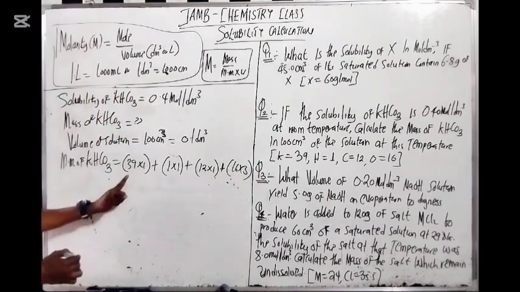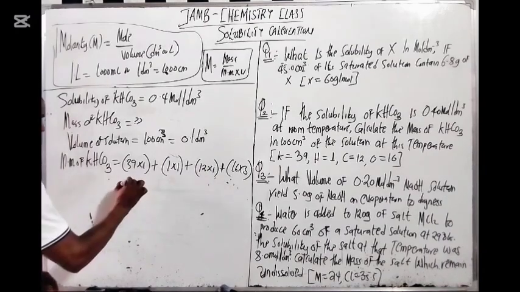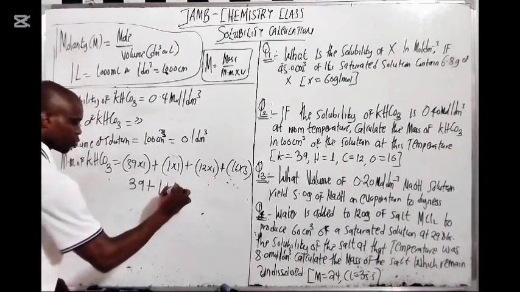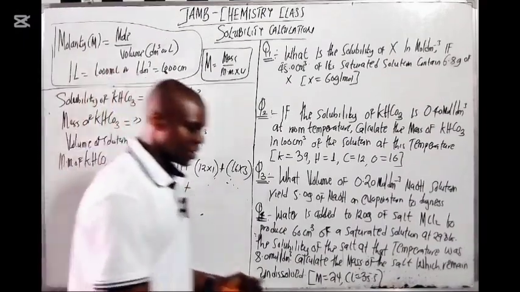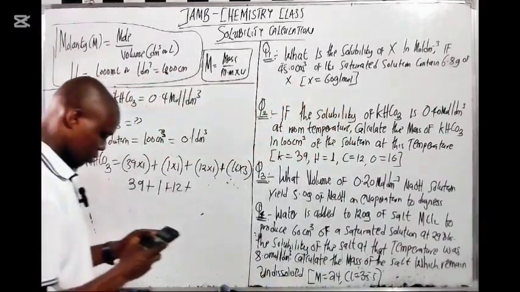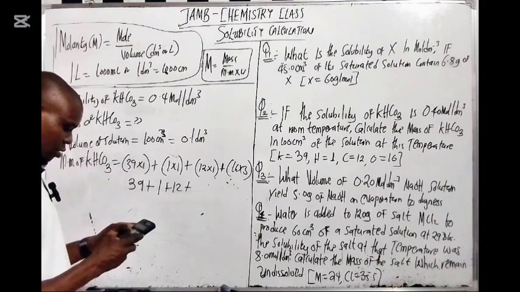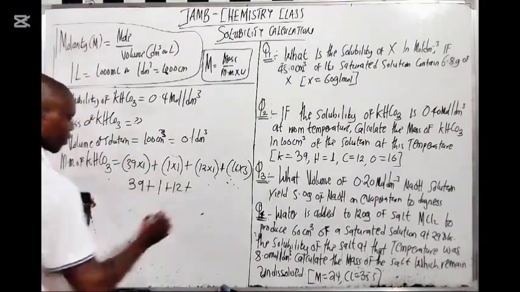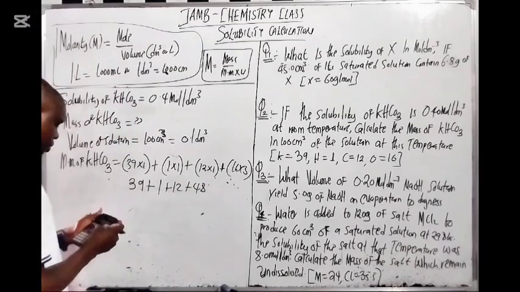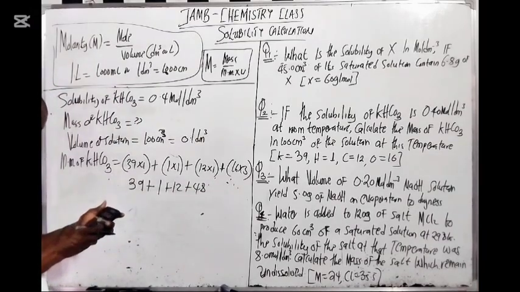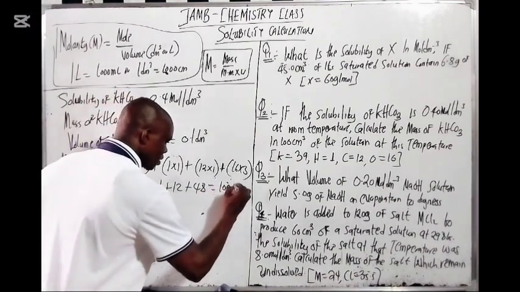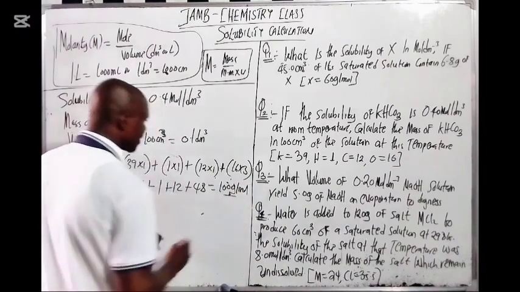So 39 times 1 is 39, plus 1 times 1 is 1, plus 12, plus 16 times 3 is 48. When you sum them together, 39 plus 1 plus 12 plus 48, here we have 100 gram per mole, right?